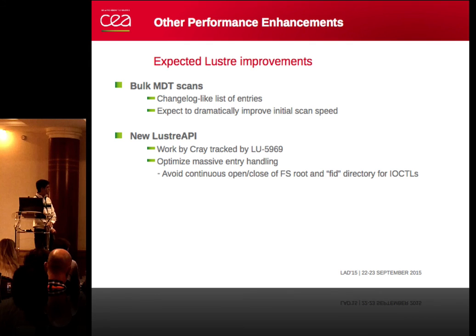The second point is shown by the graphic of Gabriel, where you have many open-close operations. This can be surprising because Robinhood doesn't care about file content, so it doesn't have to open files. Actually, this is a side effect of liblustre API calls that open a file to perform I/O controls, like get stripe, things like that.